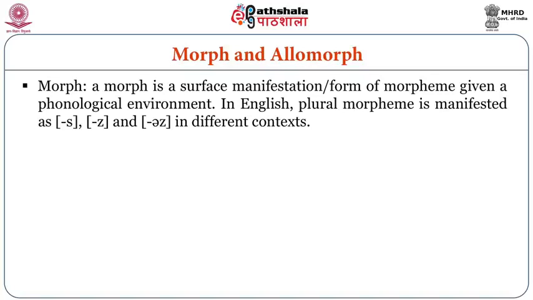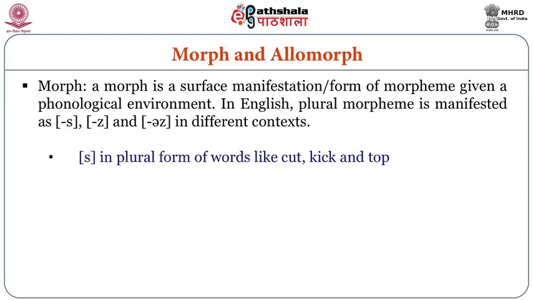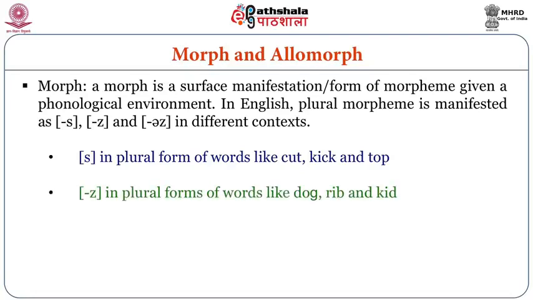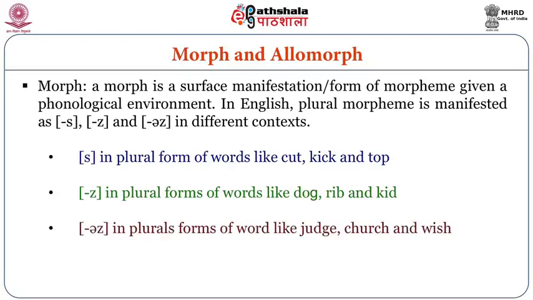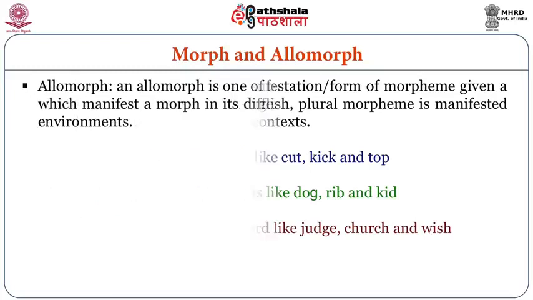In English, the plural morpheme is manifested as s, z and iz in different contexts, like s in the plural form of words like cuts, kicks and tops, or z in plural forms of words like dogs, ribs and kids, and iz in plural forms of words like judges, churches, wishes.